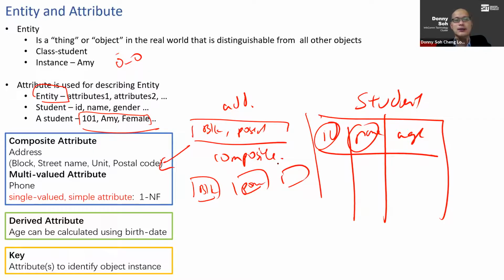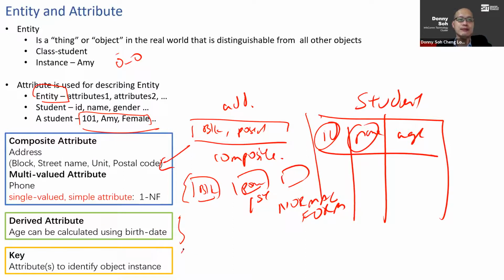So this is the encouraged form, and we have a term to call this, which is called first normal form. Okay, so we will go through this later on. I think over these 1-2 weeks we'll go through this first normal form. We also have a derived attribute. So for example, if we have the birth date, we can derive the age of a person. So these are the two other attributes that are there.